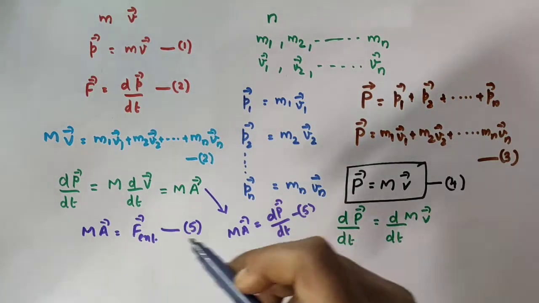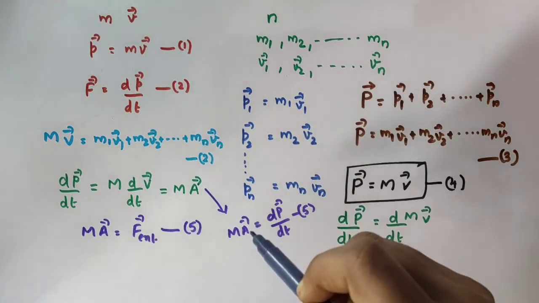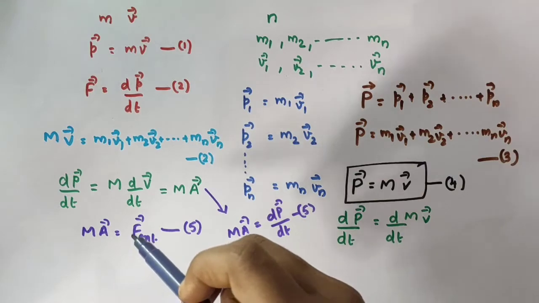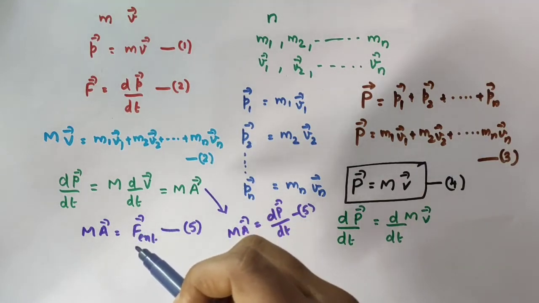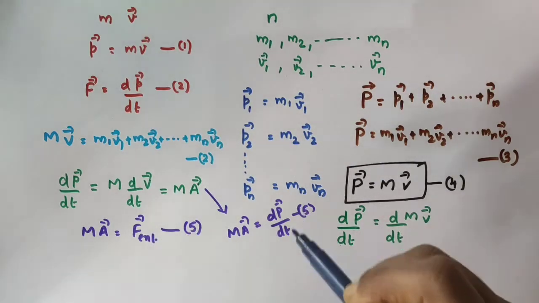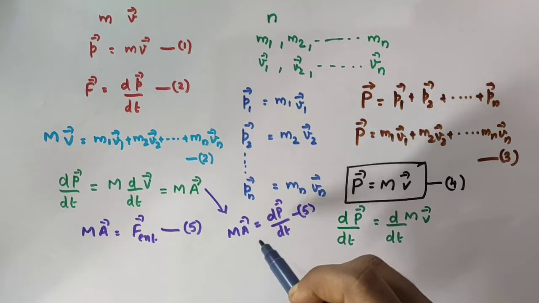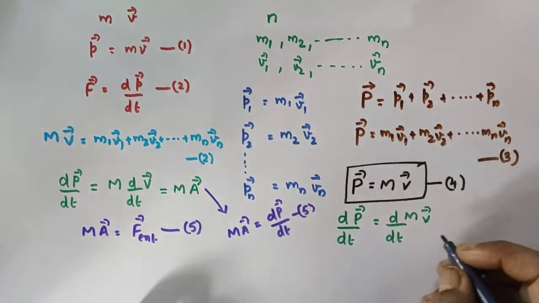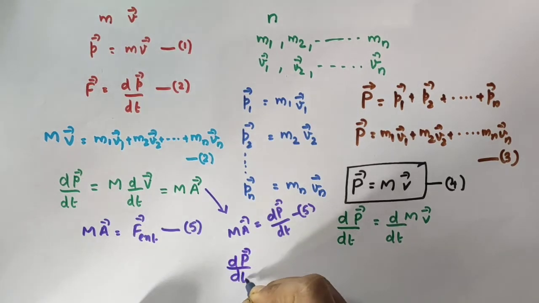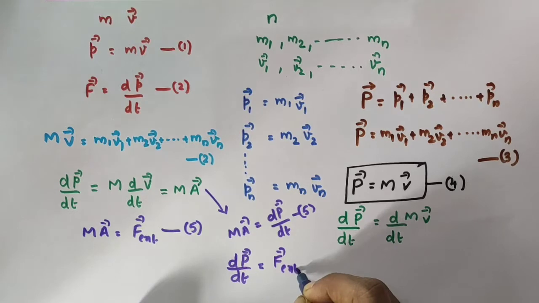Now, when we compare these two equations, here we have m into vector A is equal to d by dt of vector P. Here we have m into vector A is equal to vector F external. The LHS of both equations are the same, so we can equate the RHS of these two equations. So we can write d vector P divided by dt is equal to vector F external.